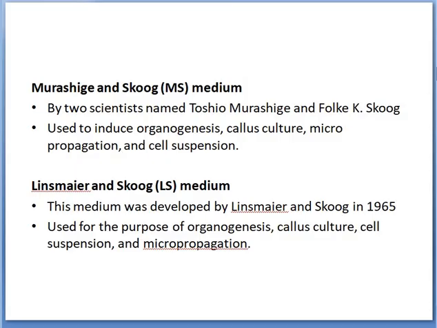Certain vitamins like thiamine hydrochloride are more in LS media, which compensate for the absence of inositol in this media. LS media is preferred for organogenesis, callus culture, cell suspension culture as well as micropropagation of plant species.